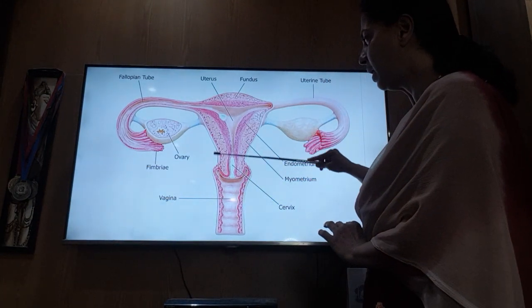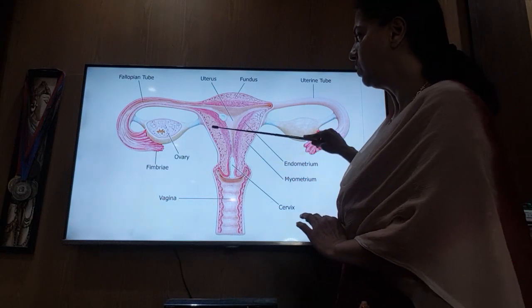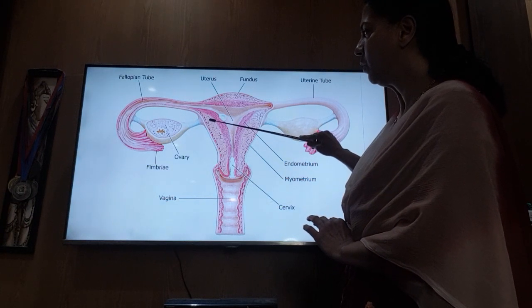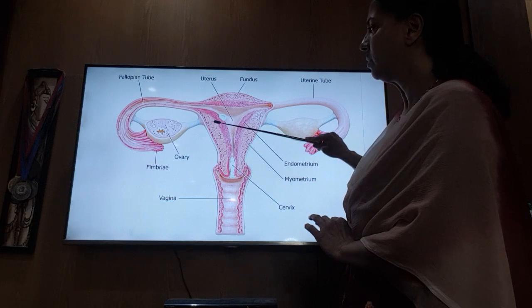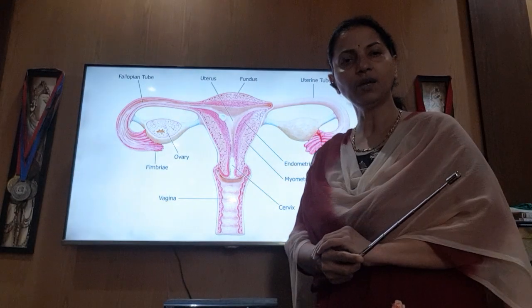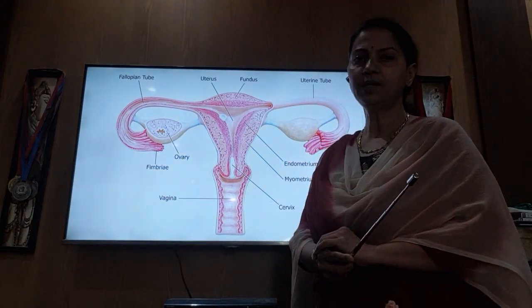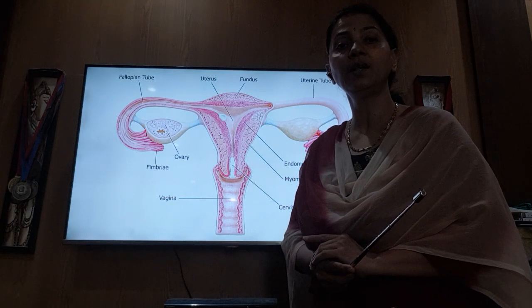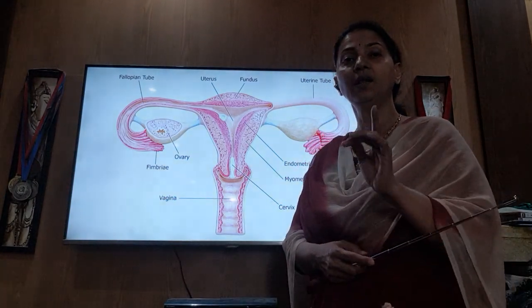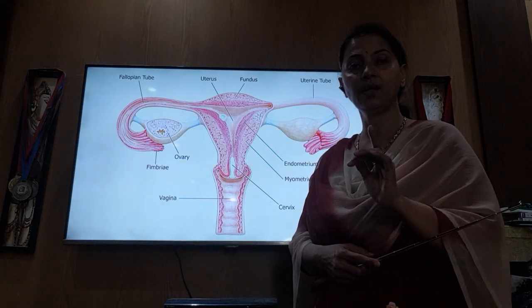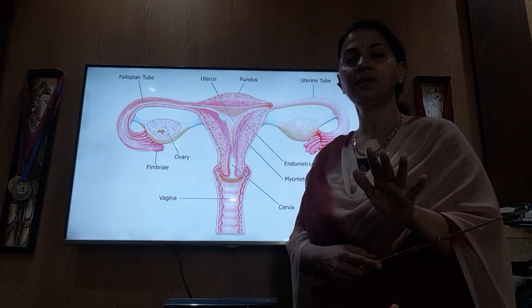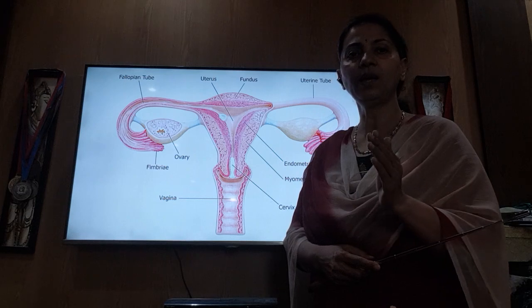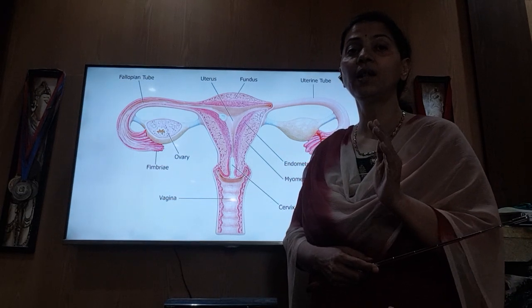But the lower part of the body, because it is now related to the round ligament of uterus, is going to drain in the superficial inguinal lymph nodes. Remember, inguinal lymph nodes are the lymph nodes which are present just below the inguinal ligament in the lower limb.